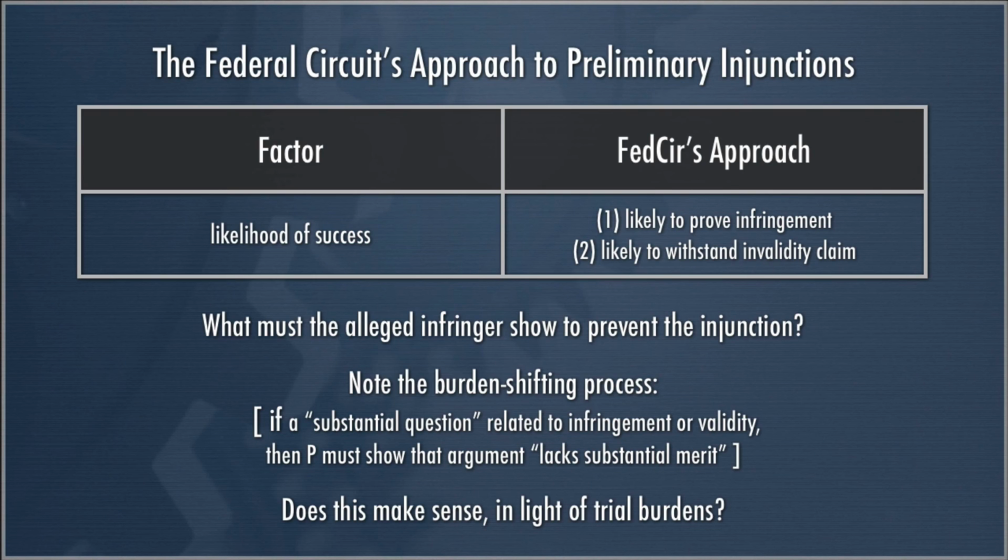But I just wanted to flag that for you so that you knew that it's initially a burden on the patentee, although the burden is relatively low. And then if the accused infringer comes back with substantial questions related to either infringement or validity, then the patentee bears a slightly more significant burden to show that those substantial questions don't have merit.